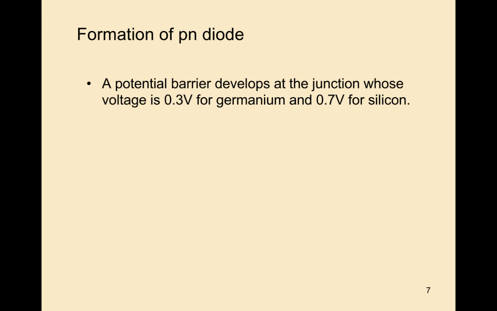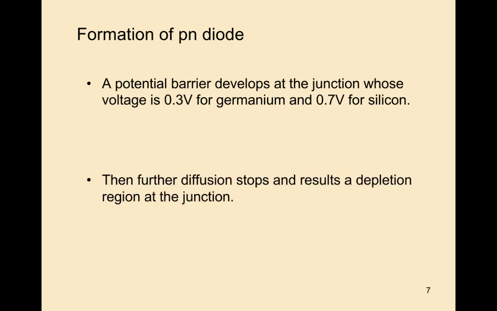When these holes and electrons recombine, they generate a potential at the junction, which we call the potential barrier. Generally this potential barrier is 0.3 volts for germanium and 0.7 volts for silicon.